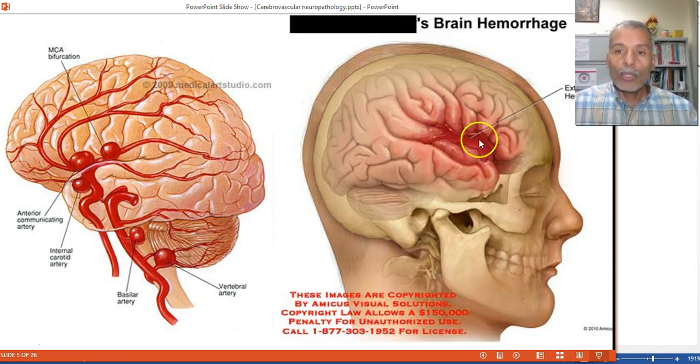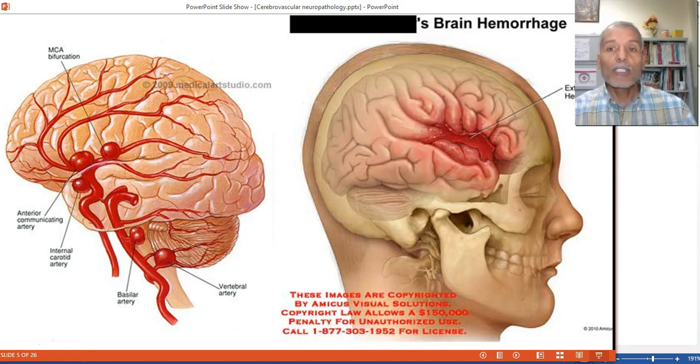Now you have blood loose there, and number one, it has toxicity. There are materials in the blood that you cannot expose neural tissue to, because it could be toxic. In addition, it is going to put pressure on the parts of the brain that are close to that rupture, and it will continue to widen.